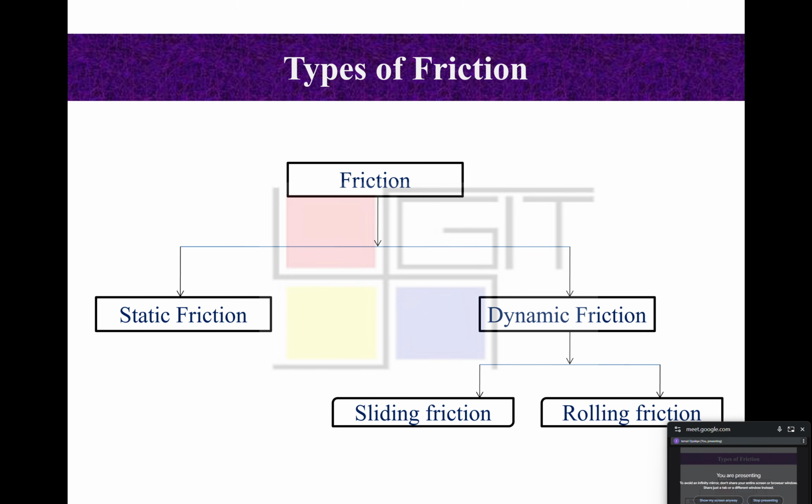So in the case of dynamic friction now, for example, look at the wheel of the car when it's in motion. Yes, the wheel of the car is already moving on the ground surface as well.